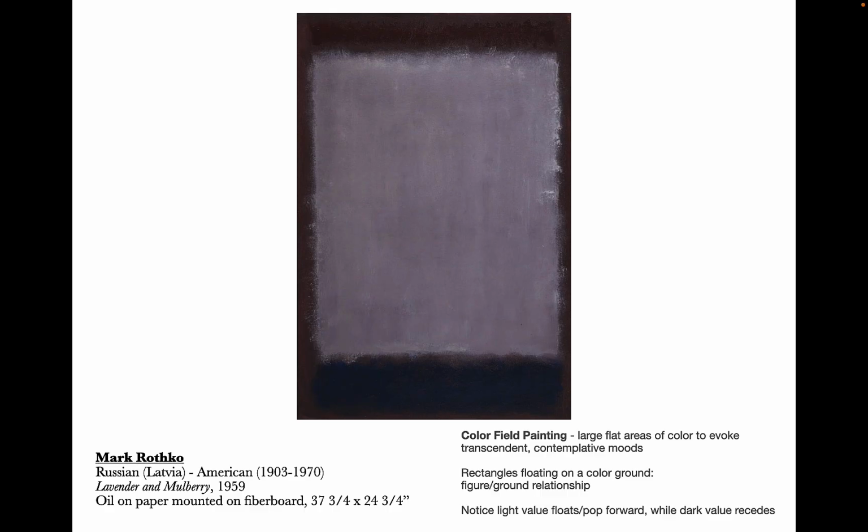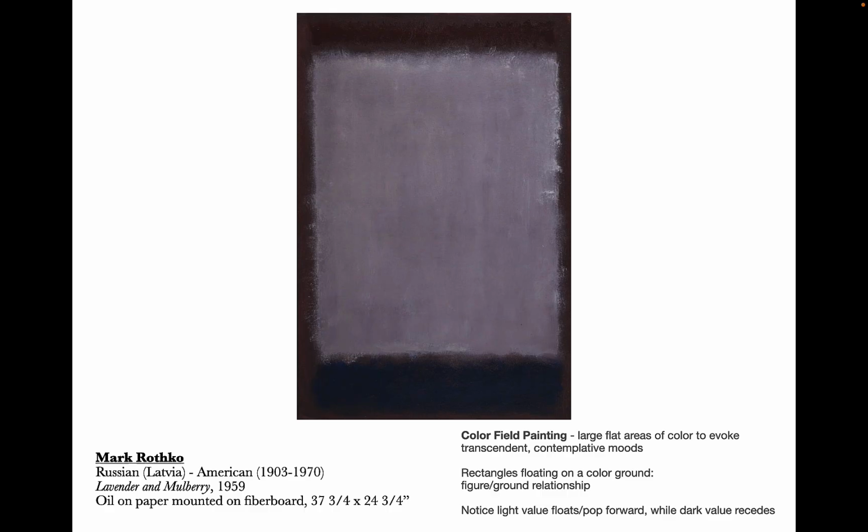He actually had a whole chapel created with his works, and the light was dimmed and there were comfortable seats, and he wanted you to really see his work in a specific setting, not in a museum that's crowded where you're standing up and the lights are really bright. He wanted to create this whole contemplative mood.